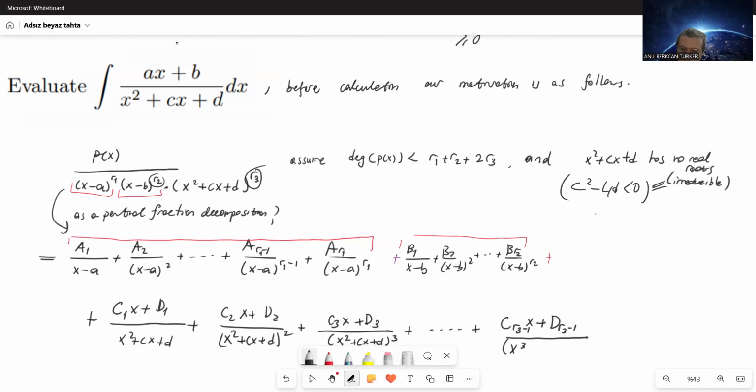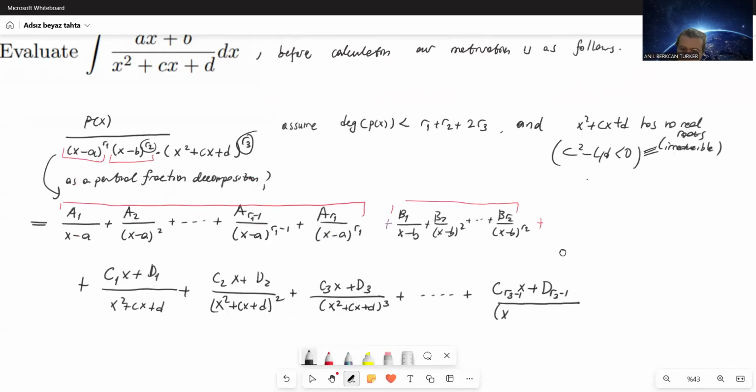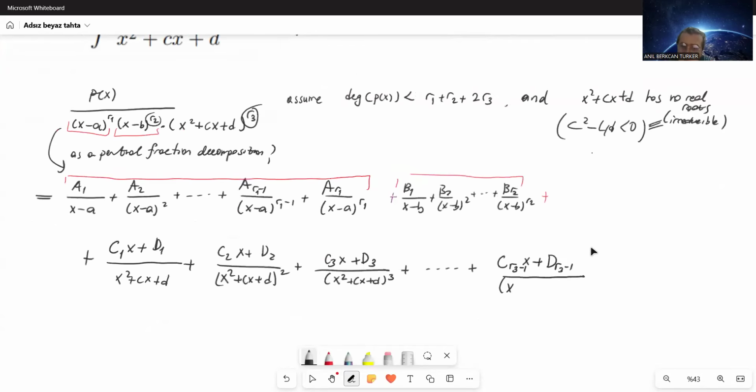(x squared plus cx plus d) to the power r3 minus 1. I'm confusing myself. Lastly, c r3 x plus d r3. This is just a constant. R3 is the index, okay, that's all.